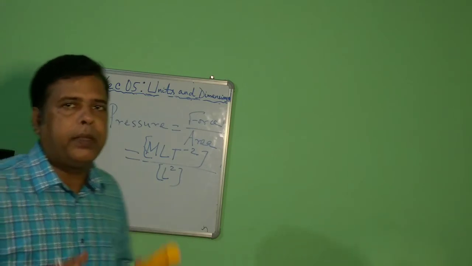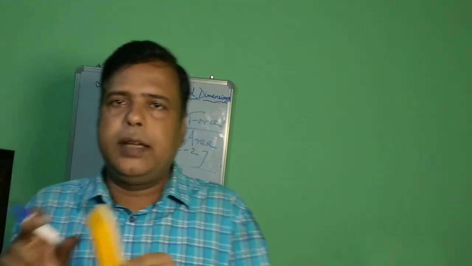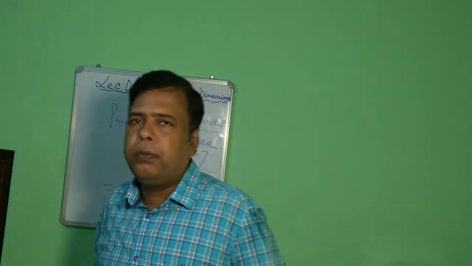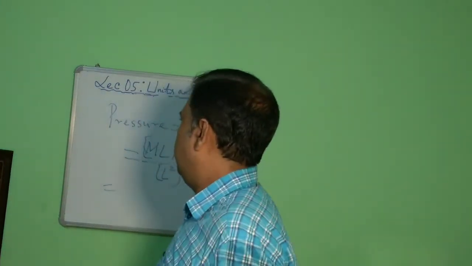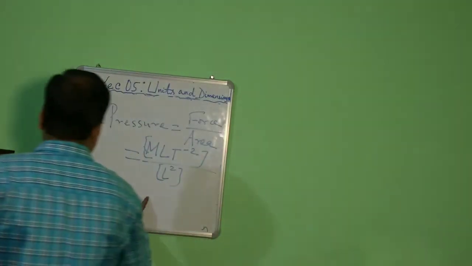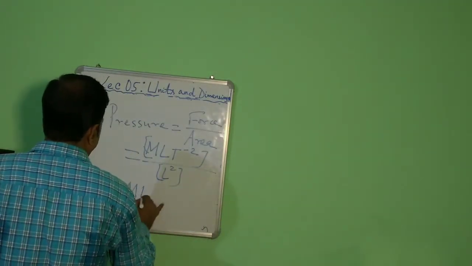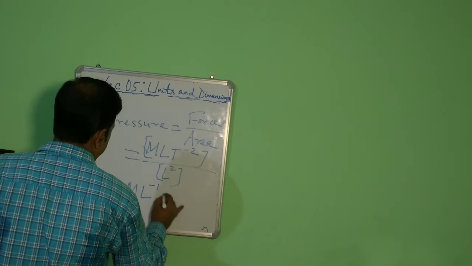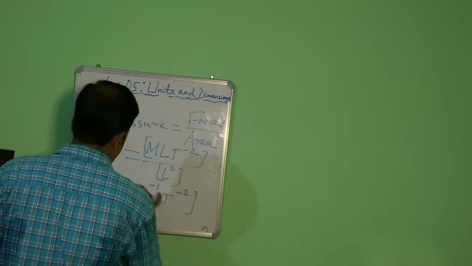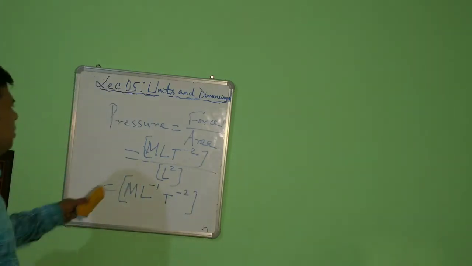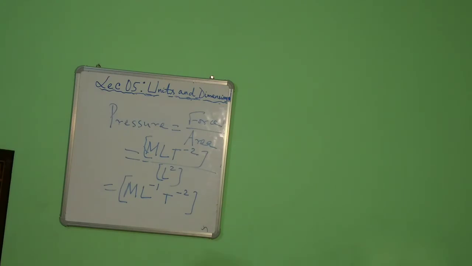For example, the area of a rectangle is length into breadth, a product of two lengths. So the dimension of pressure becomes M L to the power minus 1 T to the power minus 2. This is the dimension of pressure.